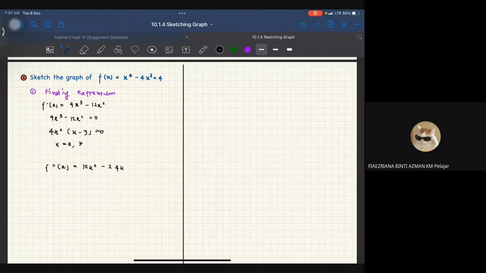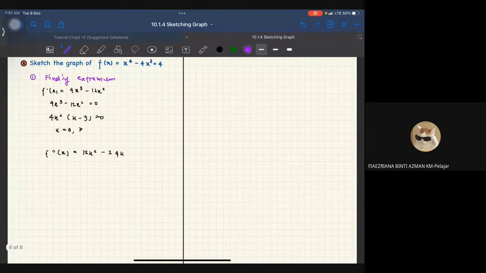Okay, let me show it to you. Okay, so daripada sini, bila saya try masukkan nilai when x is equals to 0, saya akan dapat second derivative saya sama dengan kosong.